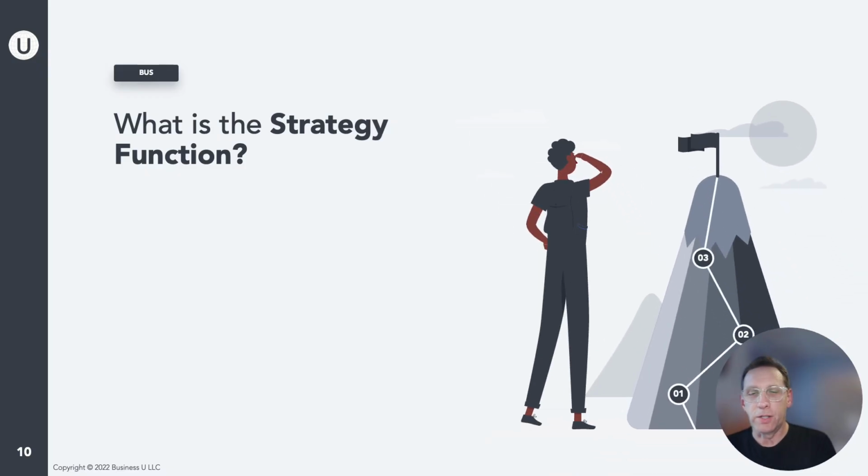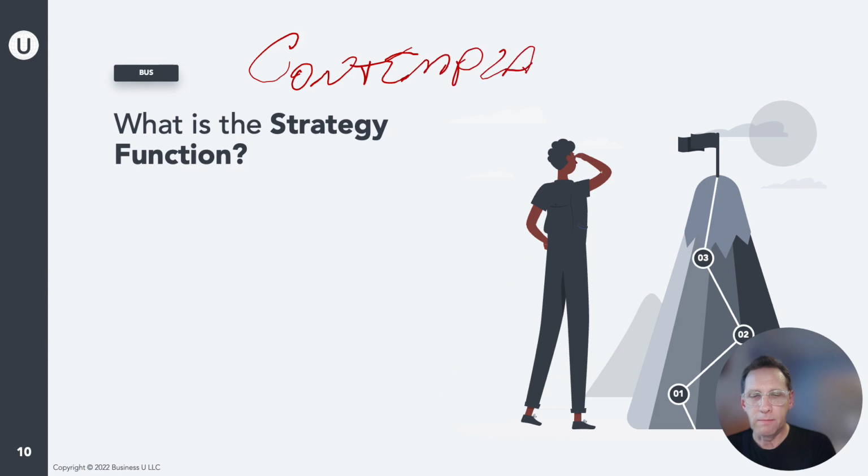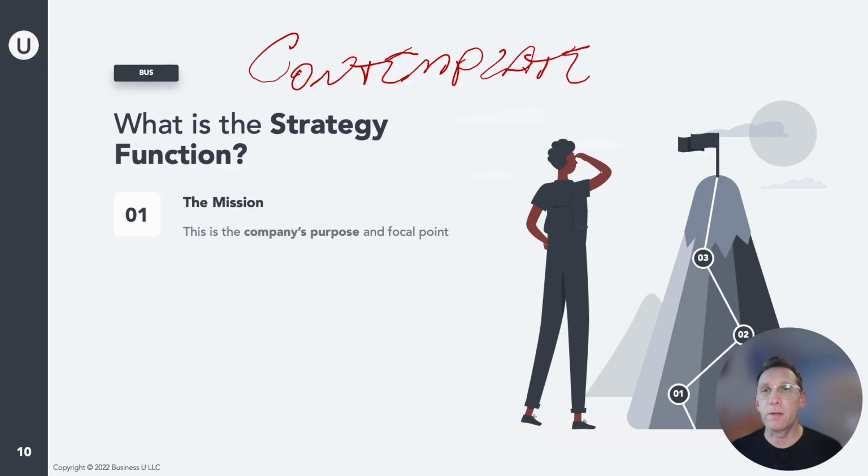So the strategy function, again, this is the contemplate. So the first thing you want to consider is the mission. This is the company's purpose and their focal point. The mission is your company's reason for being. It's their North Star. It's the problem that they're solving. Great companies are anchored to their mission, and it informs everything else that they do.